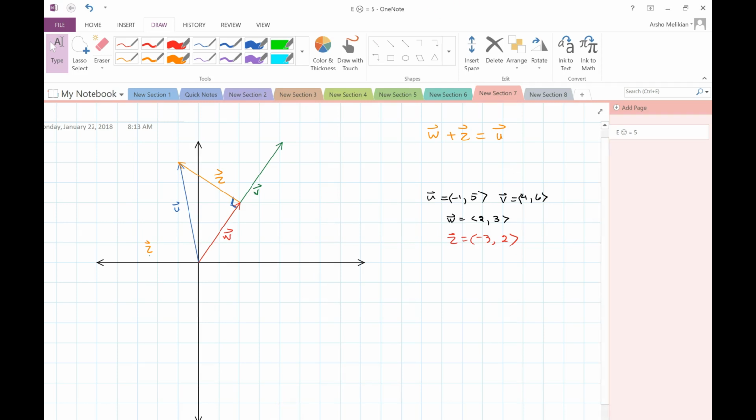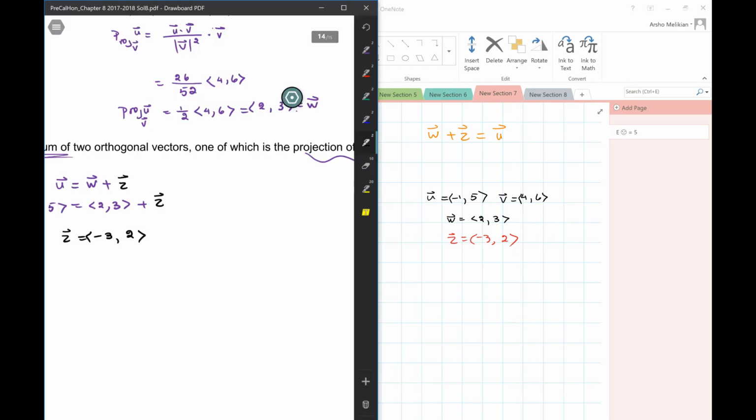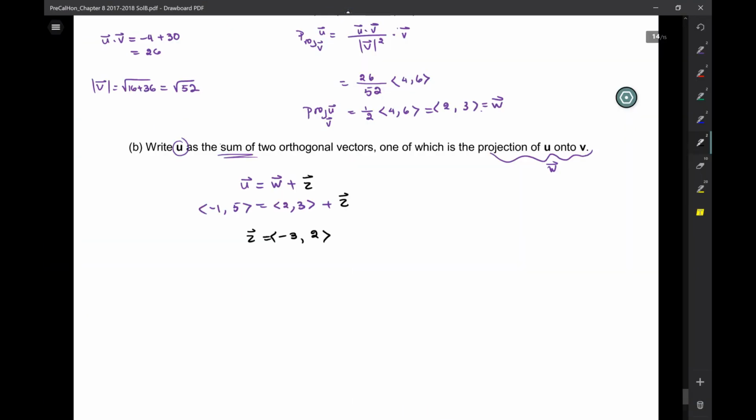Okay, why do we care about this? Why do we care about the fact that if you have vector u, one of its components lies along vector v? Because when you're exerting a force on an object in order to move it, for work to be done, first of all, there has to be motion.